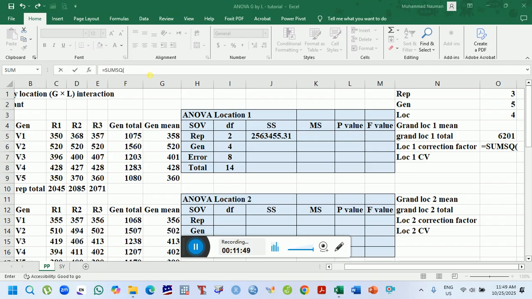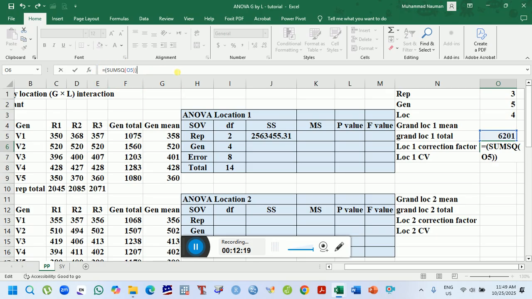Now we'll select this cell in order to calculate the correction factor. Close this in one bracket, so this whole term will represent as one term.